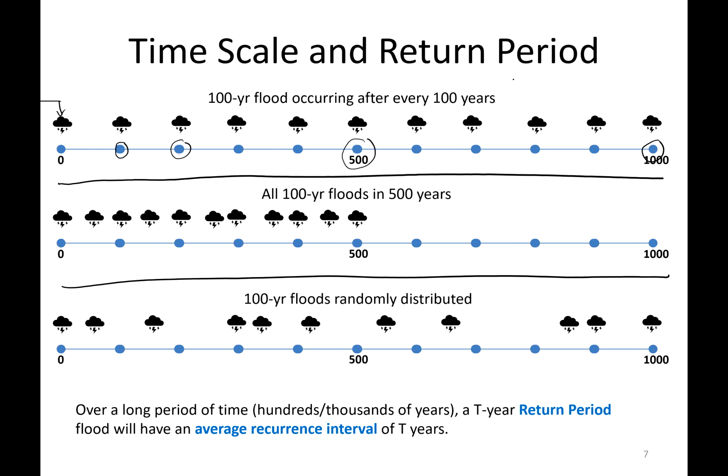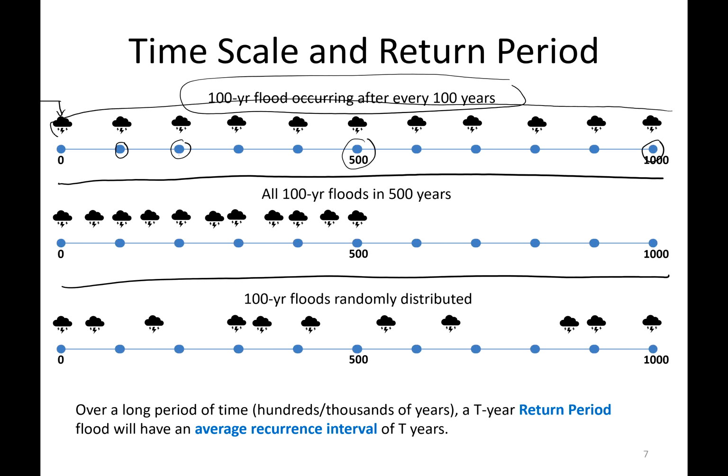If we go with that definition that a 100-year flood happens after every 100 years, this is what you can expect, and this is not a very realistic definition of a 100-year flood. This is not what happens in nature.